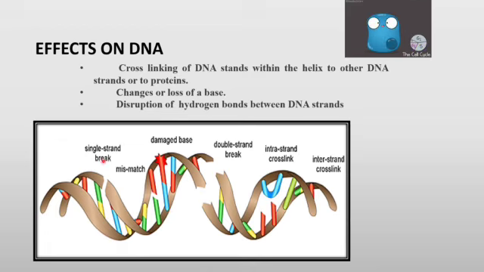Of these, single strand breakage and double strand breakage are the most common types of damage, and single strand breakage is easily repaired by using the intact second strand as a template.